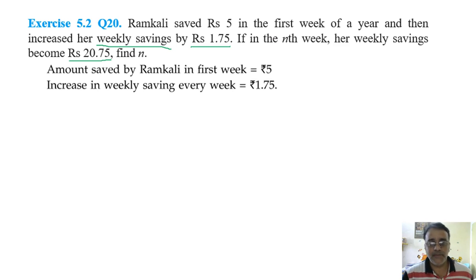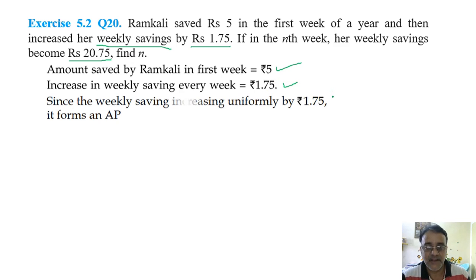First we will write that the amount saved by Ramkali in first week is rupees 5 and the increase in weekly saving every week is rupees 1.75. Now since the weekly saving is increasing uniformly by rupees 1.75, it forms an AP. So what is A and what is D?